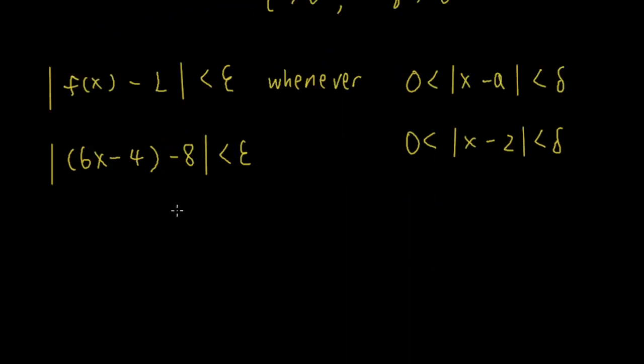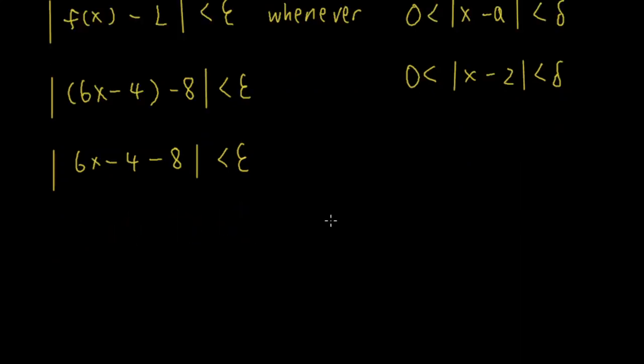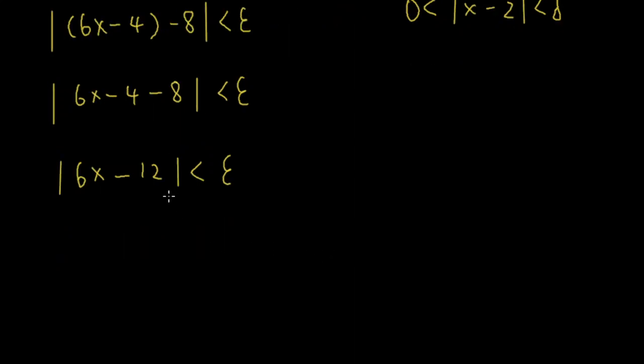Now, let's evaluate this. Take out the bracket. We have the absolute value of 6x minus 4 minus 8 is less than epsilon. Now, combine the constant terms. This is minus 12. The absolute value of 6x minus 12 is less than epsilon. Now, we see a common factor of 6 here. We can factor it out of the absolute value.